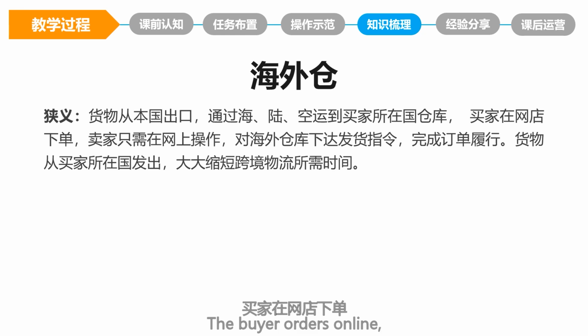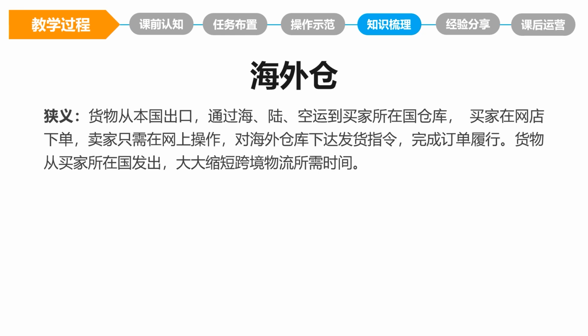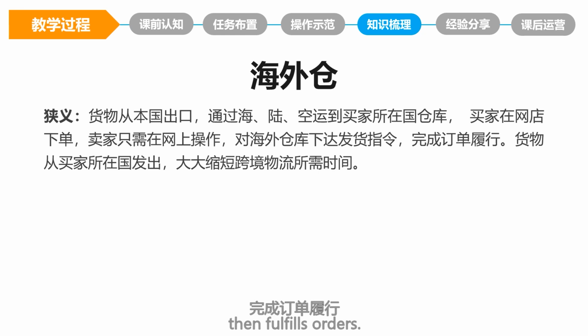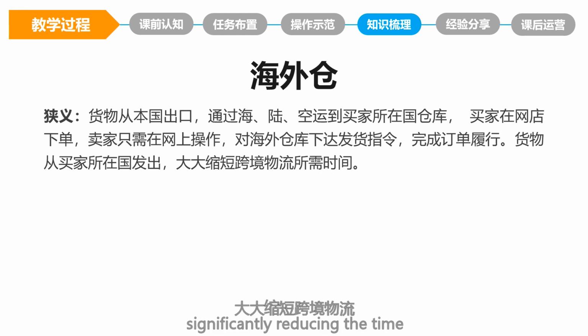The buyer orders online, and the seller only needs to operate online to issue delivery instructions to the overseas locations, then fulfill orders. The goods are then delivered from the buyer's countries, significantly reducing the time required for cross-border logistics.